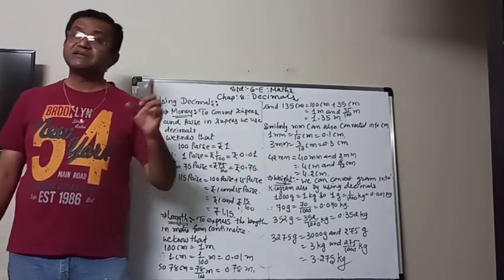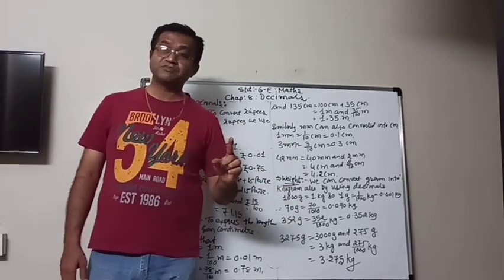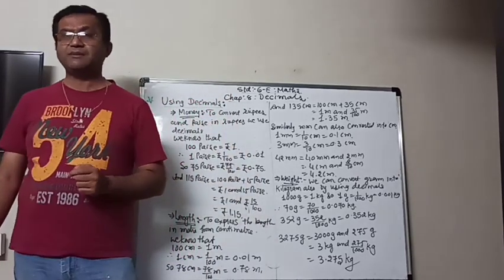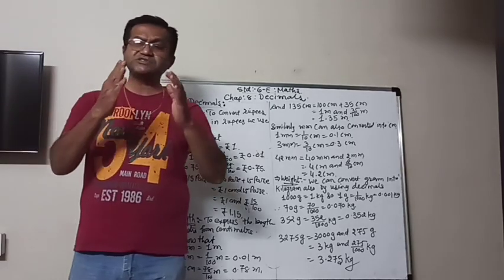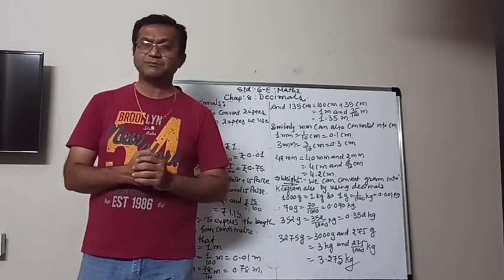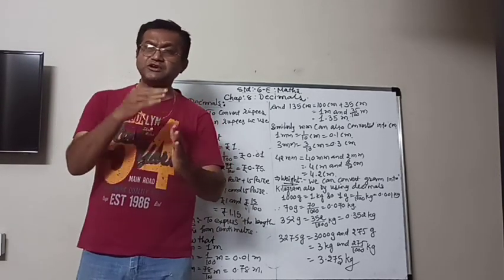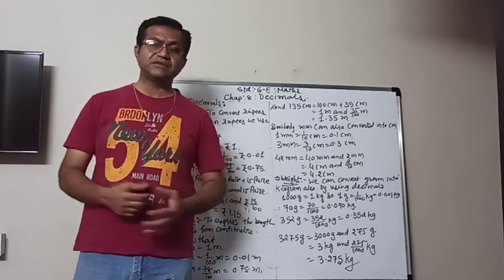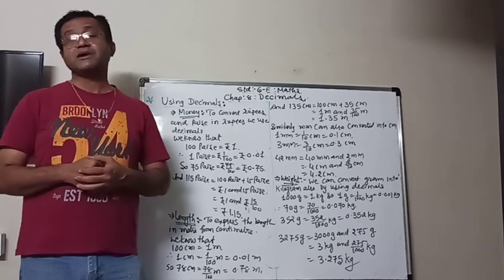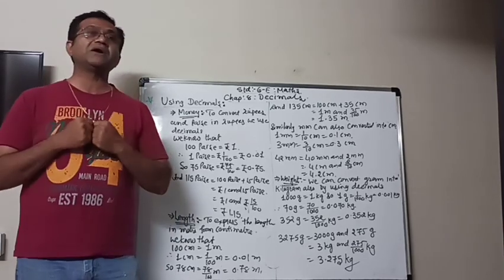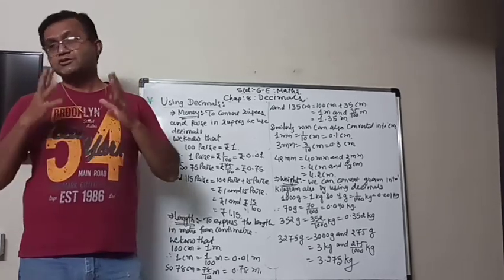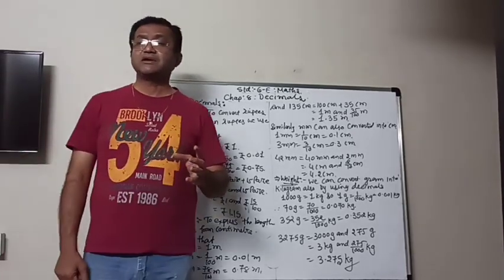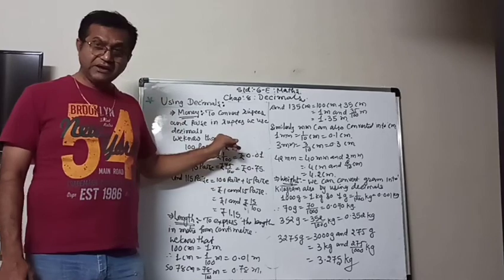But we know that 3000 gram is 3 kilogram and another 275 gram is 275 upon 1000, that is 0.275. And when we combine all that together, it becomes 3.275 kilogram.